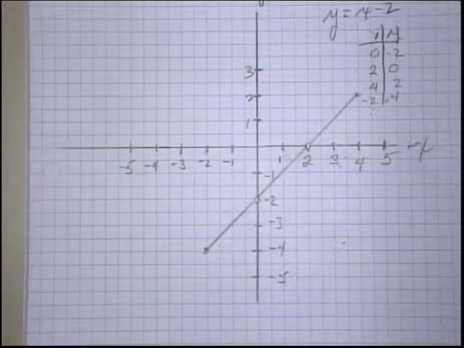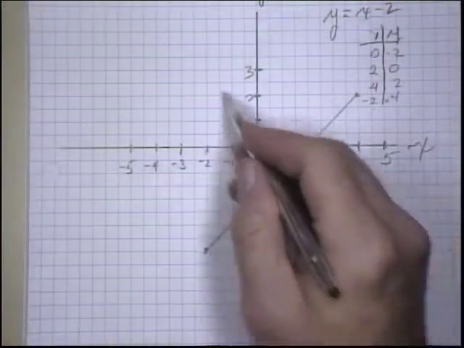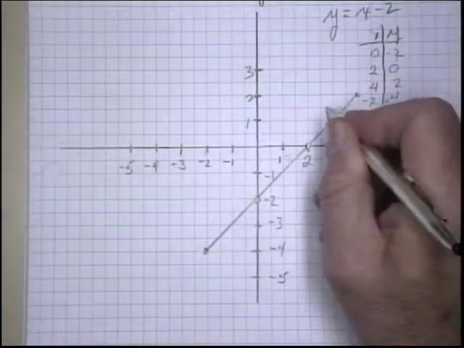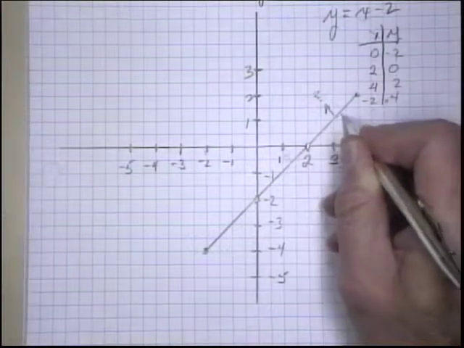Now the question is, is the inequality on this side of the boundary line or is it on this side of the boundary line? Which side is it on?